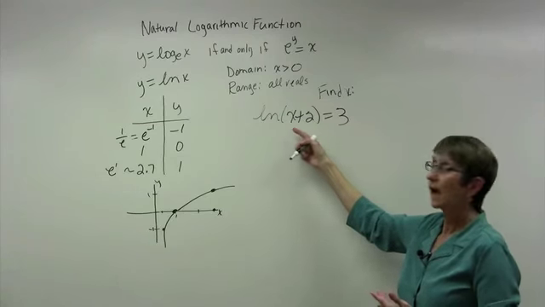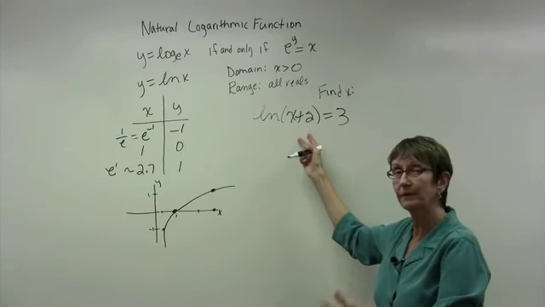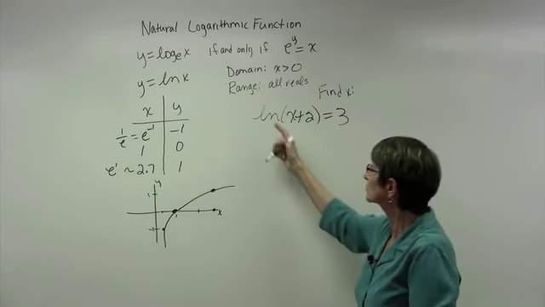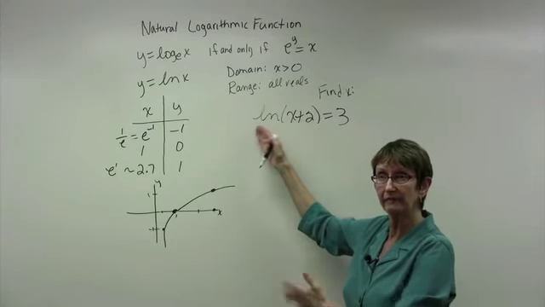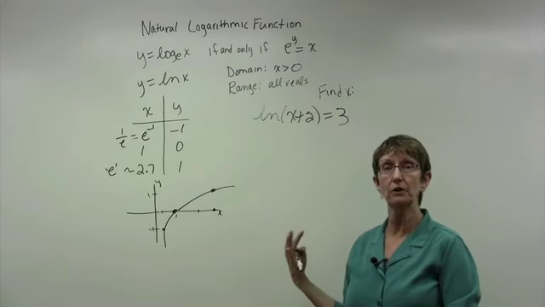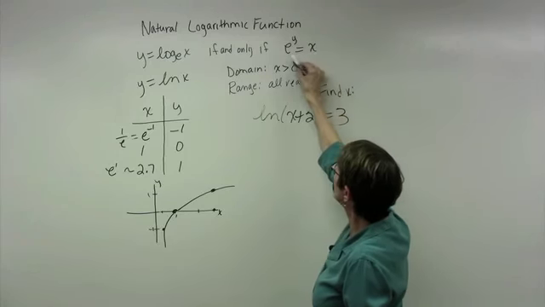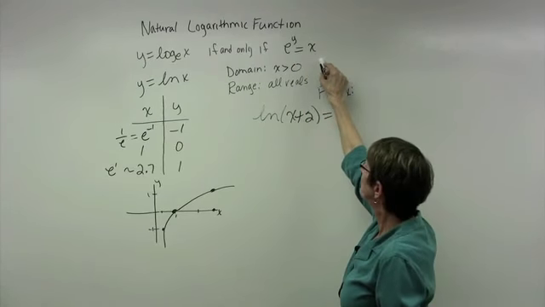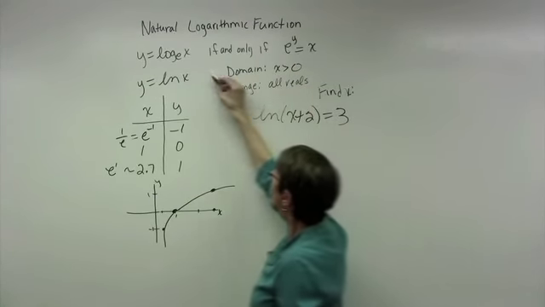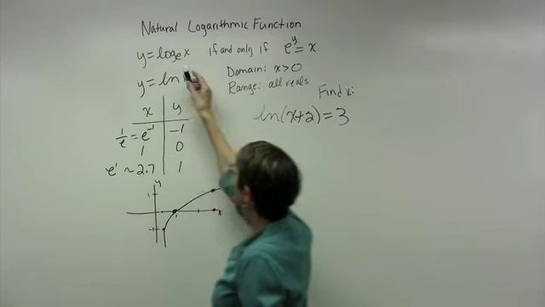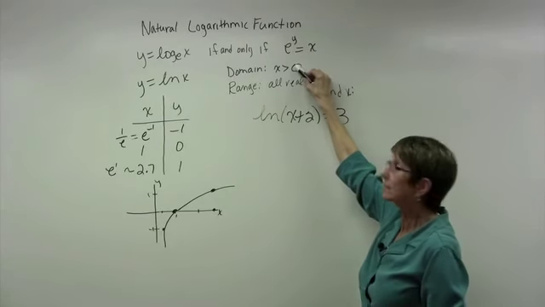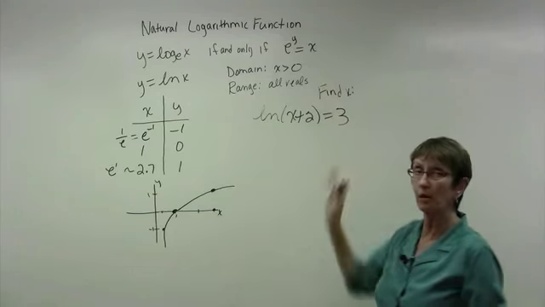Well, x is not just inside a parenthesis, it's inside a parenthesis inside the logarithm. These are not multiplied, this is x inside a function. So I have to get it out of the function. And if you look up at your exponential form, I don't have an x inside a parenthesis or inside a function. It's just sitting out there all by itself.